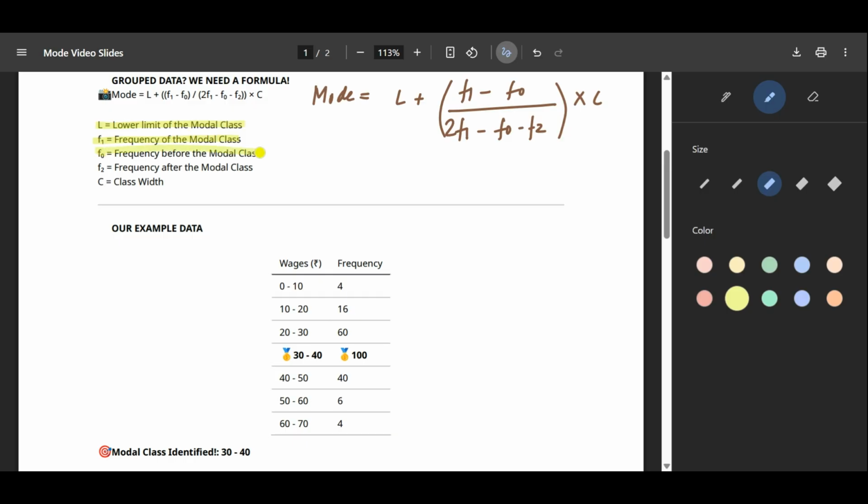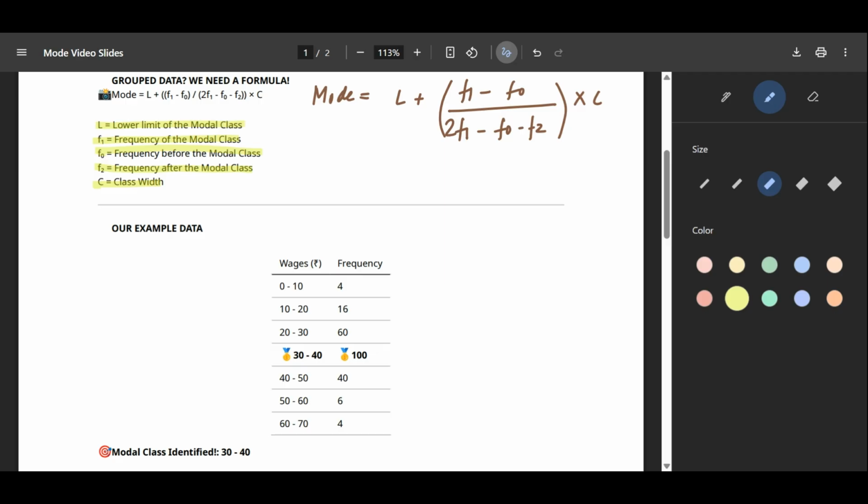F0 is the frequency of the class before the modal class. Think of it as a predecessor. F2 is the frequency of the class after the modal class, the successor. And C is the class width, just the size of the interval. If a class is 10 to 20, the class width is 10. Got it? L, F1, F0, F2, and C.